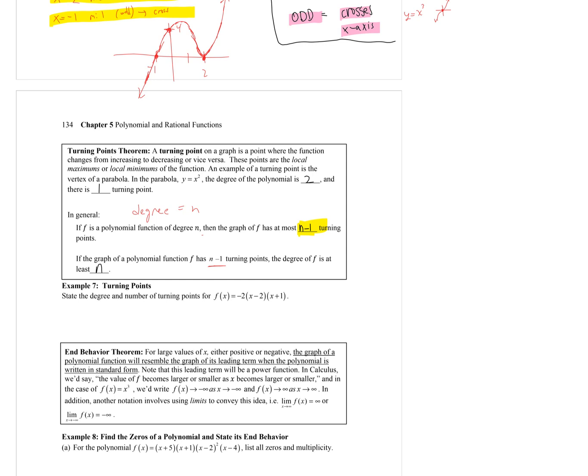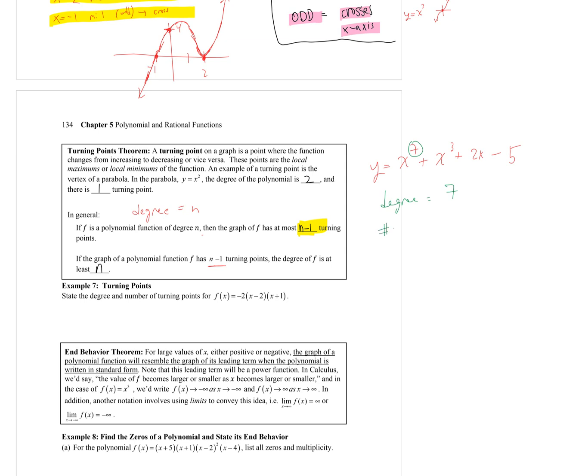Okay. So here's a quick example. Before I do example 7, I'll just make another example. Let's say it was x to the 7th power plus x to the 3rd power plus 2x minus 5, whatever. How many turning points possible does that problem have? Well, what's my degree? My degree, if you guys remember, is the largest power of the polynomial. So in this case, my degree is 7.